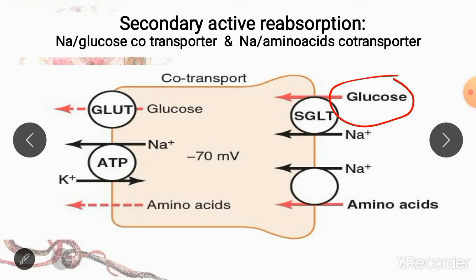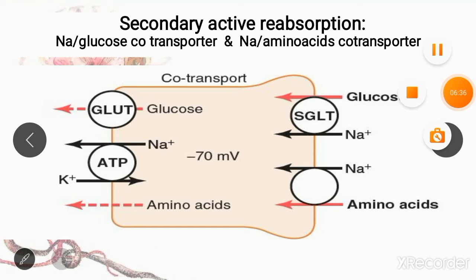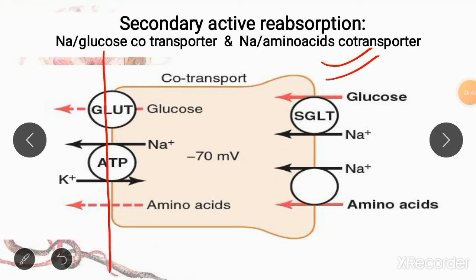Here are some figures to better understand the secondary active reabsorption, and there are two examples of glucose and of amino acids. So here we have this figure in which this is the luminal surface and this is the basal surface, and here you have the peritubular capillaries.